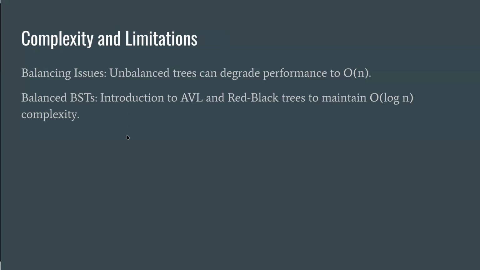In order to address this, balanced versions of binary search trees like AVL trees or red-black trees maintain a stringent balance, ensuring that operations always run in logarithmic time, O of log n, and these structures adjust themselves during insertions and deletions to maintain balance.